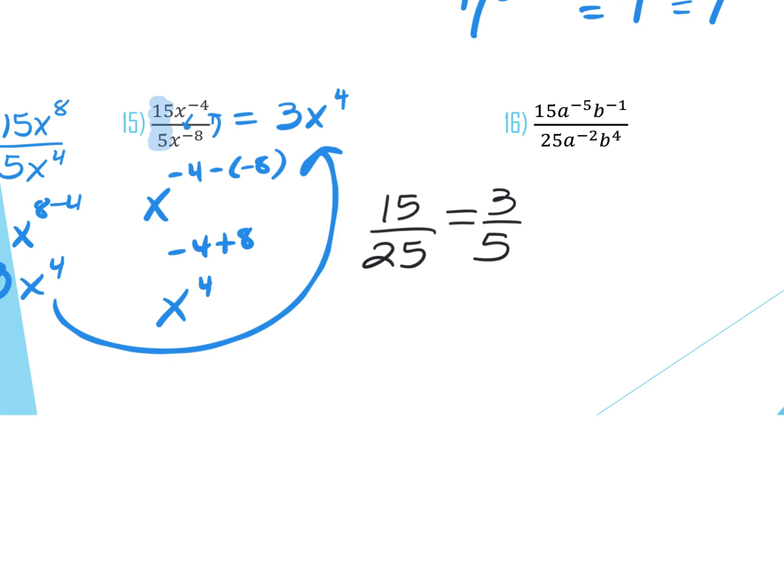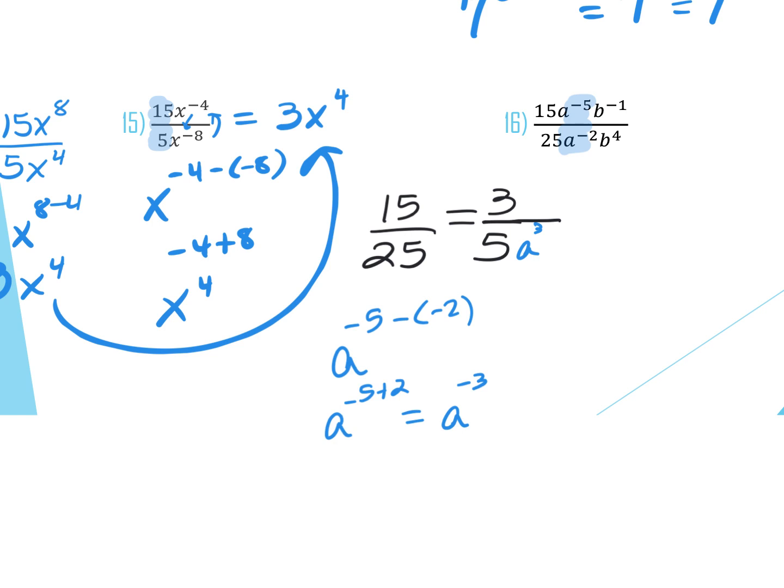Then I'm going to work with the a's, because those are the same base. So I'm going to take a to the negative 5 minus negative 2, and this will give me a to the negative 5 plus 2, which gives me a to the negative 3. So that tells me I'm writing the a in the denominator.